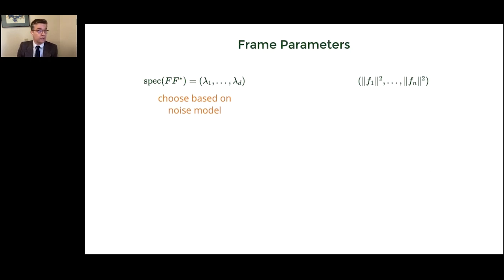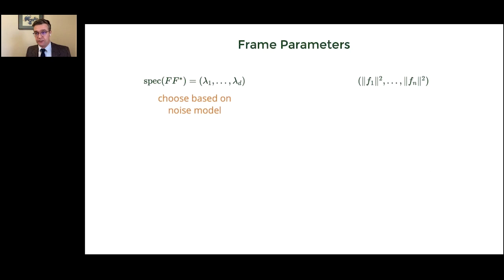But if you have some other noise where the noise covariance is not a multiple of the identity but has some other spectrum, then you should choose this spectrum to be the noise spectrum to the -1/2. In any case, you want to choose the spectrum of this FF star matrix, or the singular values of F, based on your noise model.